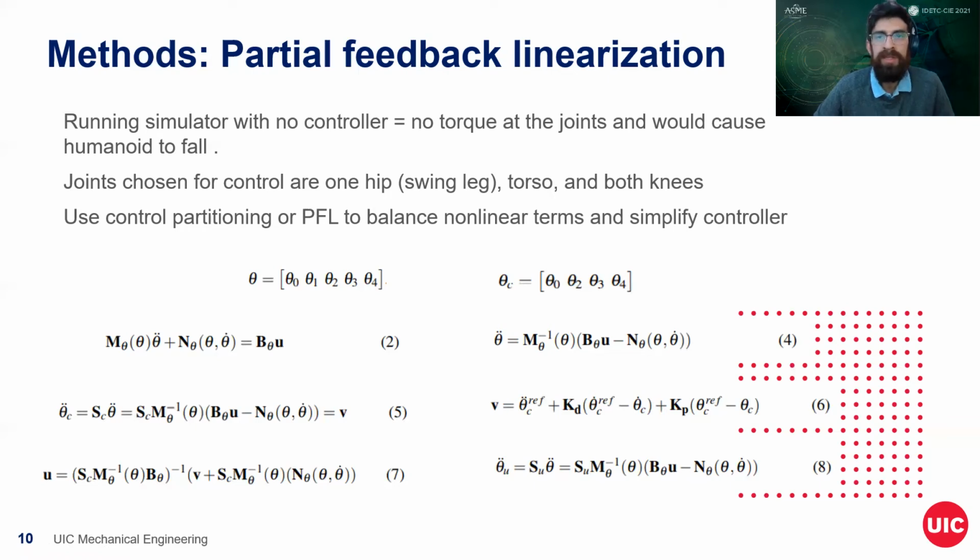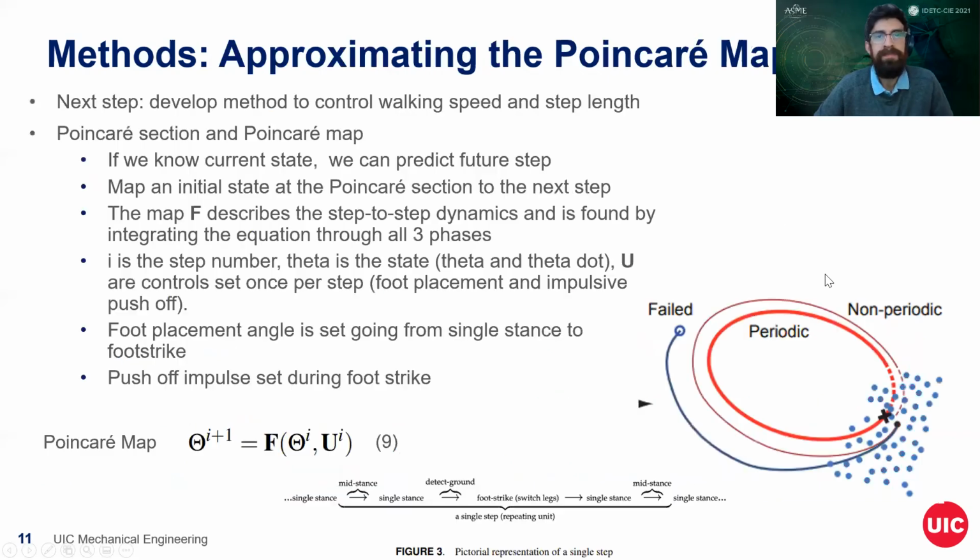And when equation 7 is plugged into equation 5, the nonlinear terms are gone, and we are left with theta c double dot equal to our equation 6. And then to simulate the uncontrolled state, we use a selection matrix as shown in equation 8.